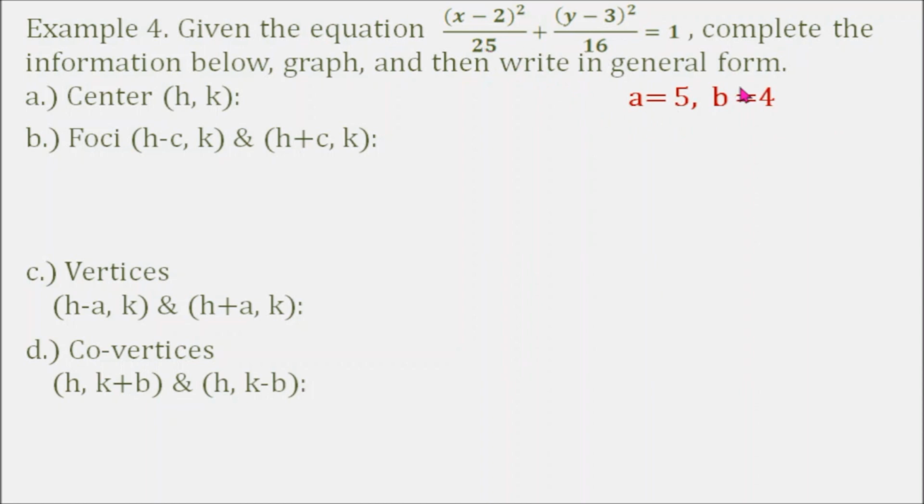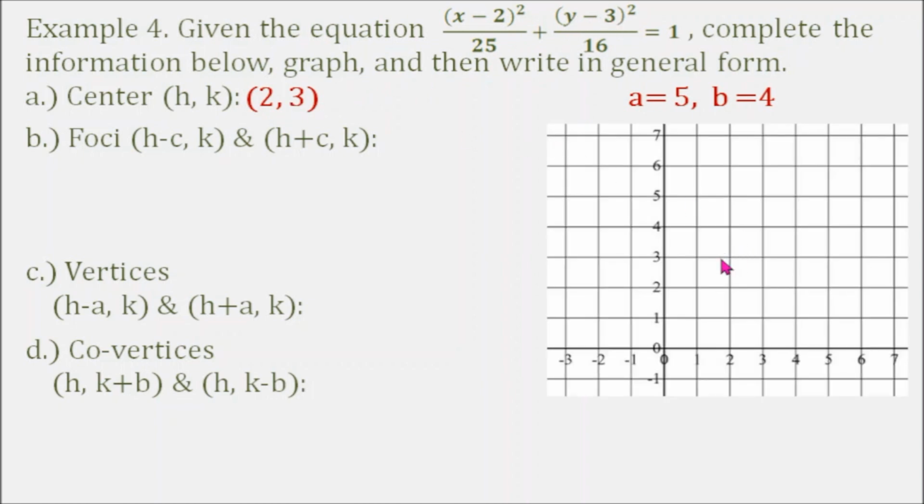Our b is 4. That's the square root of 16. And our center has coordinates (h, k). So that's (2, 3). We have here x minus 2, h is 2. We have here y minus 3, our k is 3. So our center is here.